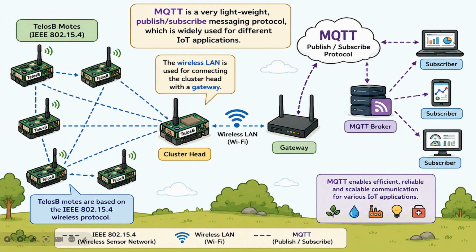So here this image explains how the IoT devices, wireless sensor networks, gateways and MQTT work together to provide efficient, scalable and reliable communication for smart IoT applications such as healthcare, environmental monitoring, industrial automation and smart cities.